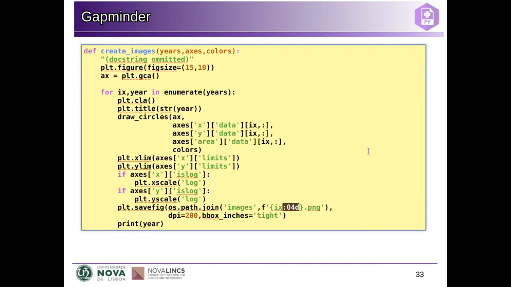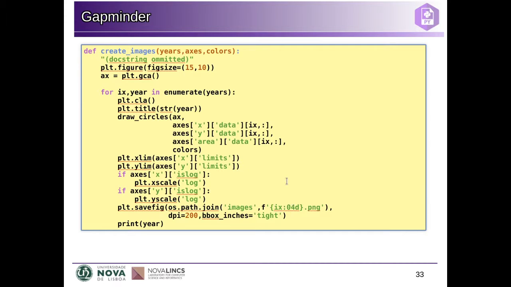in our string. So you can look at the documentation for the formatting code. This is one of those things that is very hard to memorize, but it's easy to look up when you need. So what I'm saying here is that I want an integer with 4 digits with leading zeros. So when ix is 0, it will be 0, 0, 0, 0, then 0, 0, 0, 1, 2, and so on, always with the leading zeros.